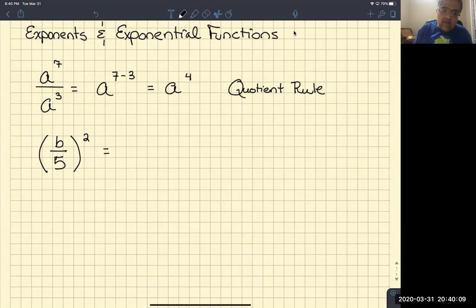Now, here I have a fraction. The whole fraction is the base of that exponent. So if I have this situation, I can distribute again the exponent to both the numerator and denominator. And this is known as the power of a quotient rule.